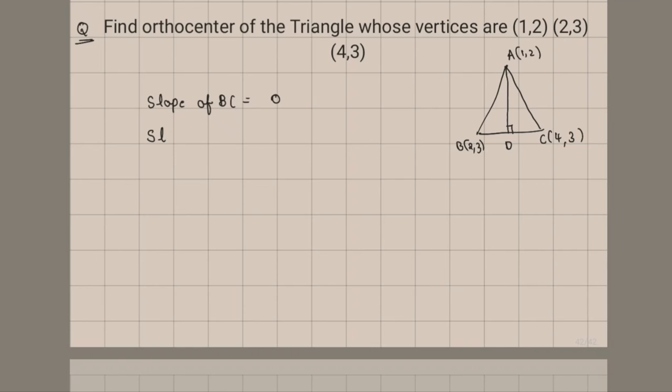So the slope of BC is 0. Then the slope of AD is nothing but infinite, because BC is parallel to the x-axis, and any line which is perpendicular to the x-axis will be parallel to the y-axis. So the slope of AD is infinite.